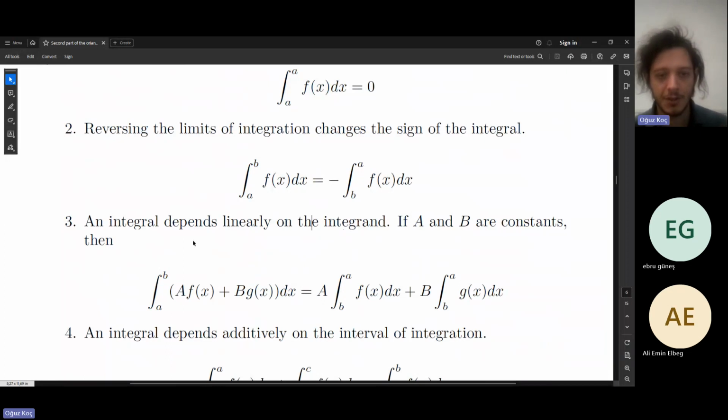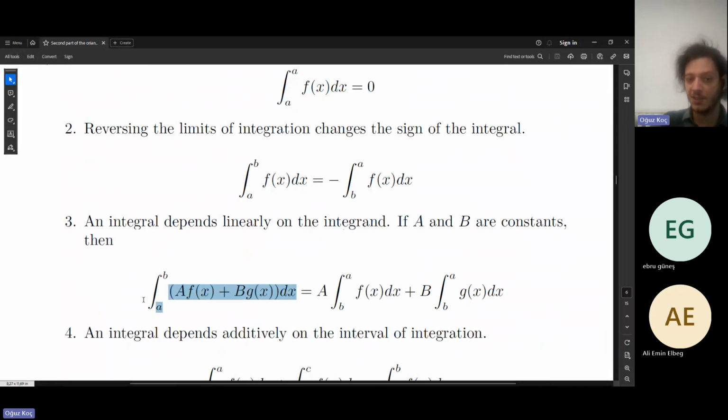We have the third property. We have a linear combination inside the integral, which is a coefficient a times f of x plus b times g of x, and we want to take the integral of it.